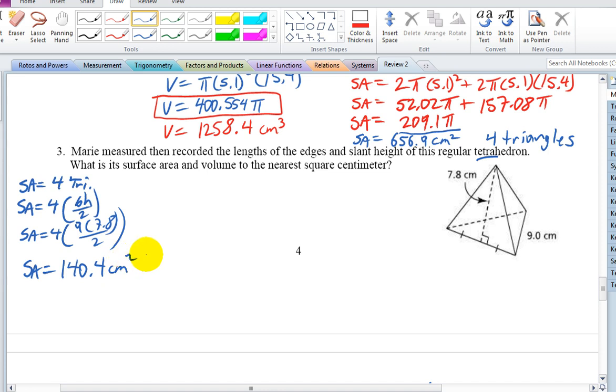Centimeters squared. That says to the nearest square centimeter, so I'd say 140 centimeters squared. Final.